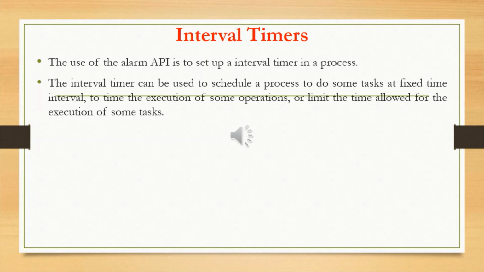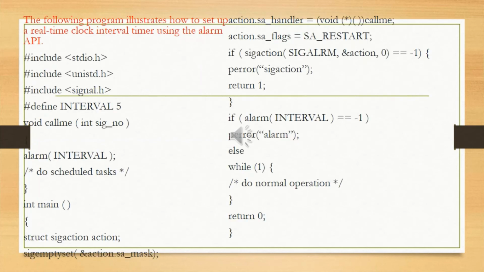Then, the use of the API is to set the interval timer in a process in microseconds.